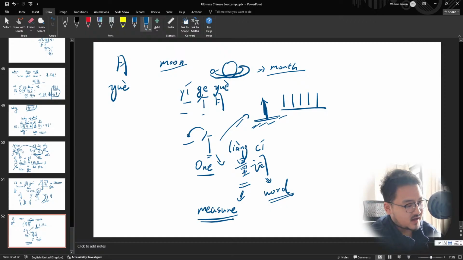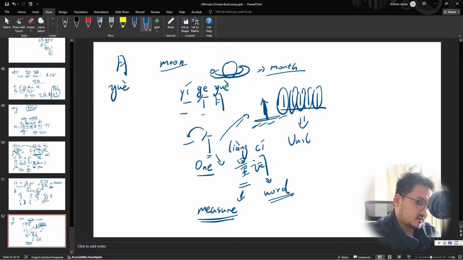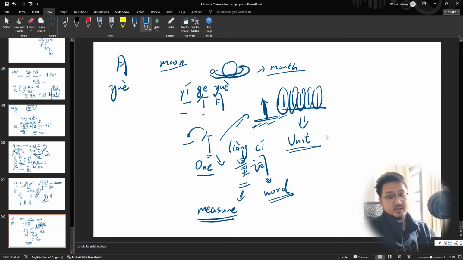It means something independent that you can count. Then gradually it becomes a unit, and this becomes a 量词. Just 一个人两个人, that means one person, two persons. 一个月 means 1 month.